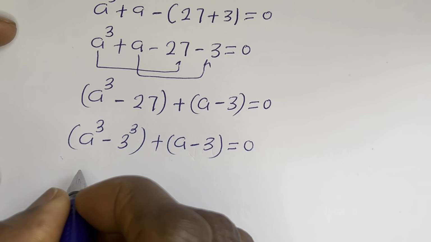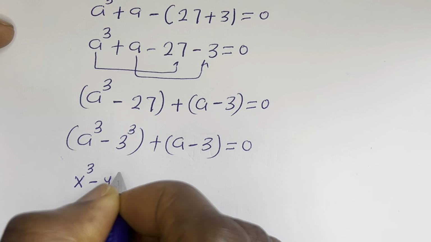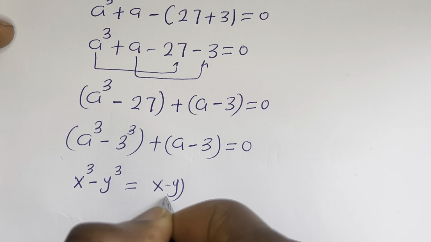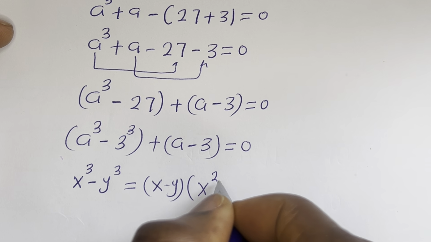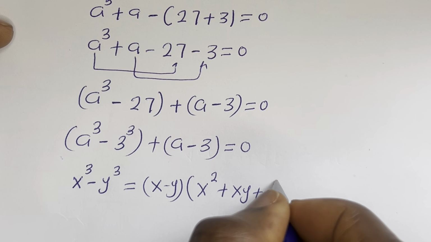Take note of this, that if you have s to the power of 3 minus y to the power of 3, this is equal to s minus y bracket s square plus sy plus y square.